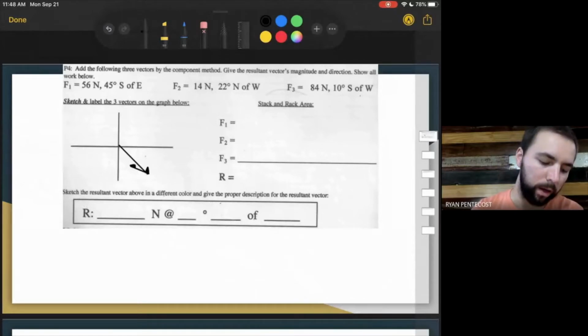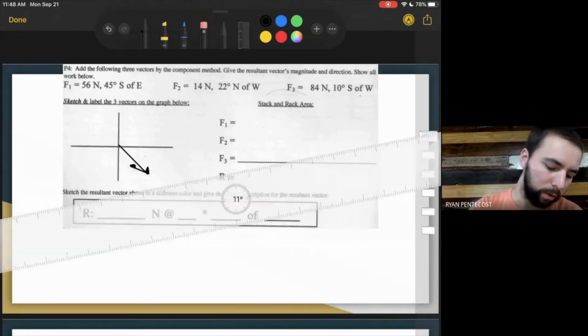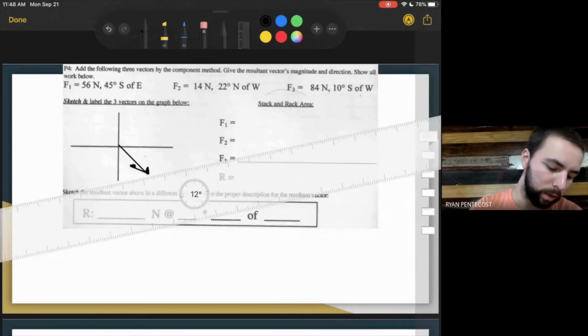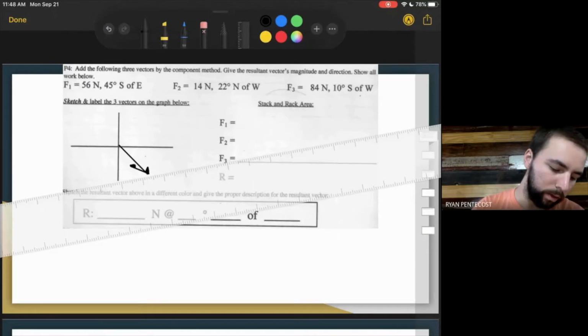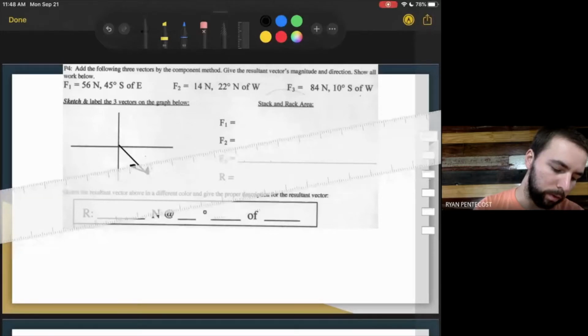And then we will draw 84 newtons. So this will be a much bigger vector, 10 degrees south of west. So we need 10 degrees south of west. Let's get that 10. And let's move that up over there. This needs to be much longer than the other ones, right?